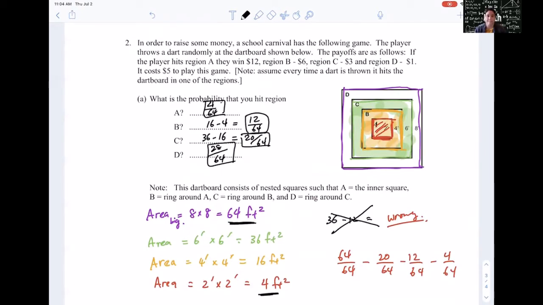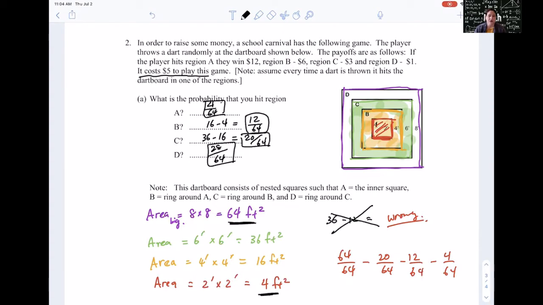So I'm actually not winning $12. I'm actually winning how much? If they give me back 12 and I paid them 5, how much did I win? 7. 7, exactly. So to find out the net profit, I'd have to take away what I paid.